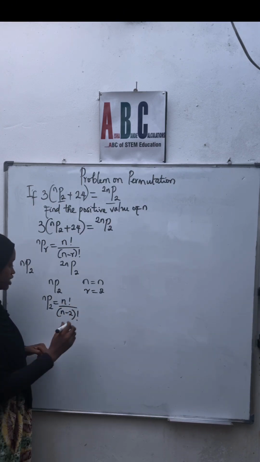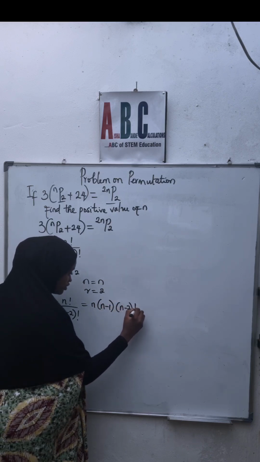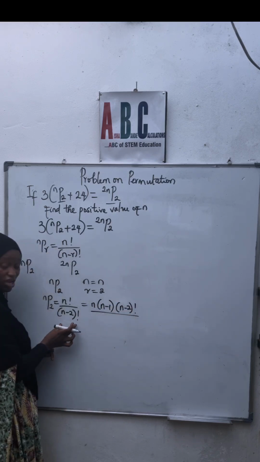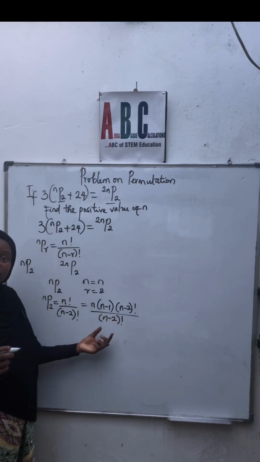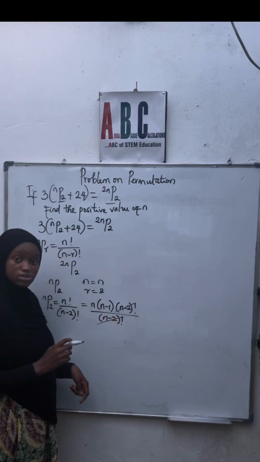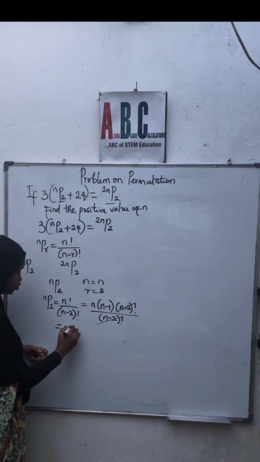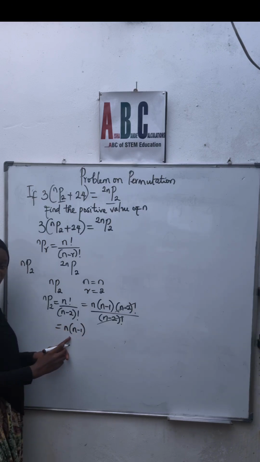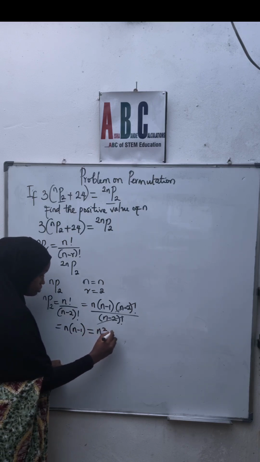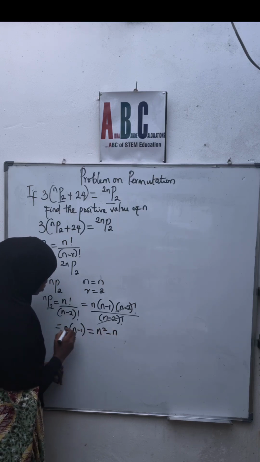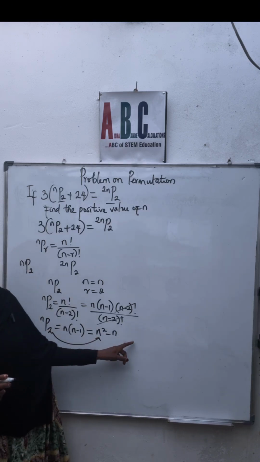Now n factorial is the same thing as saying n(n minus 1)(n minus 2) factorial, all over what we have at the denominator, which is (n minus 2) factorial. So the (n minus 2) factorial cancels out the (n minus 2) factorial in the denominator. What we are left with is n(n minus 1). Expanding this, n multiplied by n is n squared, minus n multiplied by 1 is n. So nP2 has been simplified to become n squared minus n.